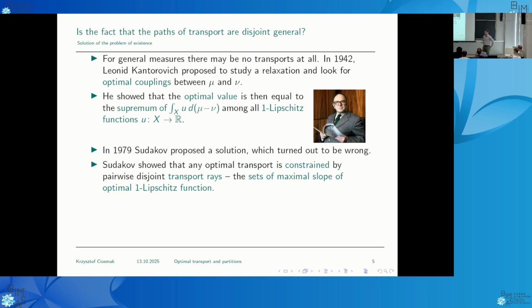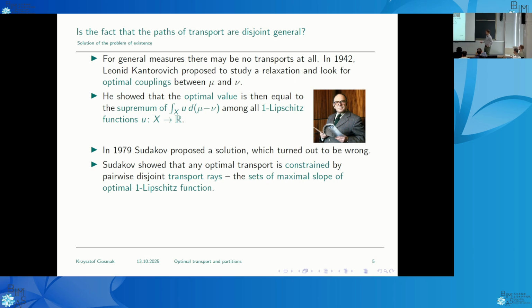Sudakov showed that any optimal transport is constrained by sets which are pairwise disjoint and are called transport rays. This is correct. I will explain what was not correct in what he showed.